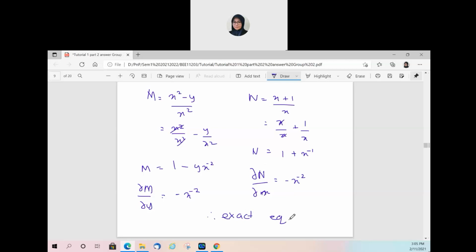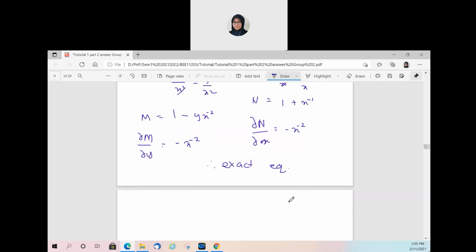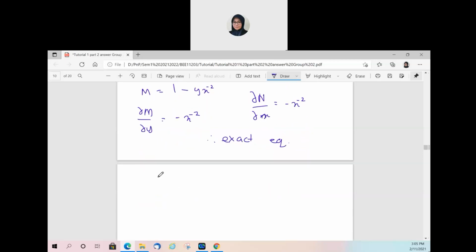Okay, then we want to find what is u. So to find u, you have to assume du over dx equals to m. And du over dx equals to m is 1 minus y x minus 2.